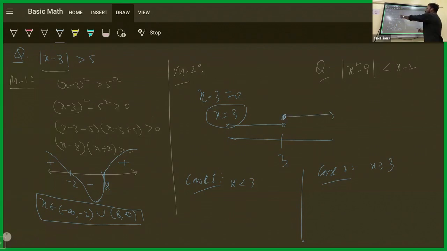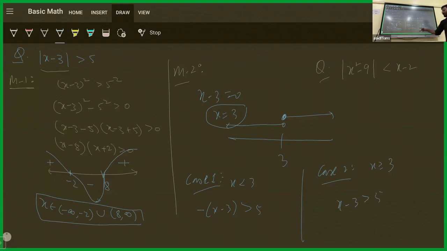Now when x is less than 3, how are we going to simplify this inequality? Modulus will be negative. When x is less than 3, the expression inside modulus will be negative, right? So if we want to remove modulus, we'll take negative sign. So we'll write minus of x minus 3 greater than 5, right? When x minus 3 is positive, we can directly remove modulus and write x minus 3 greater than 5.